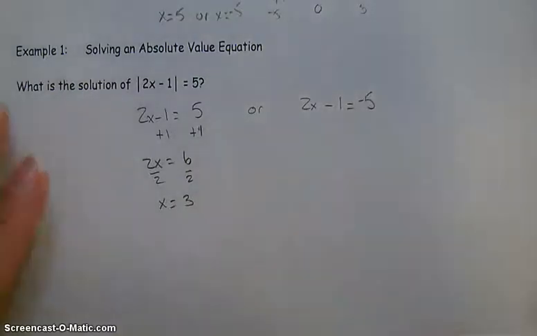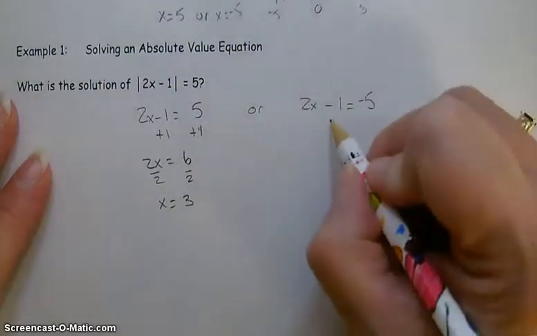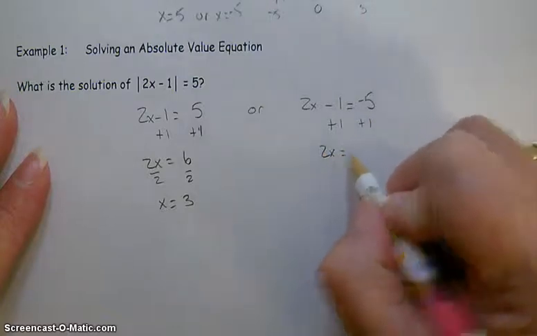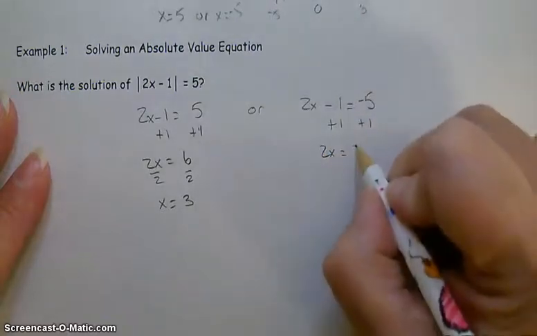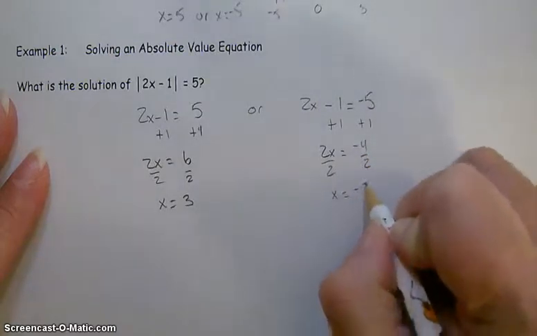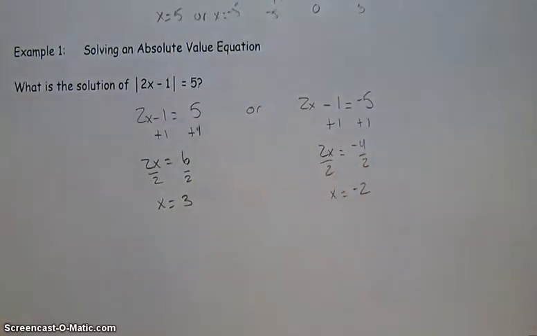Now let's get the negative 5. Here I add 1, and I get 2x equals negative 4, divide by 2, and I get x equals negative 2. Now I have two solutions for x, and I want to check both of them to see if they both solve the original equation.